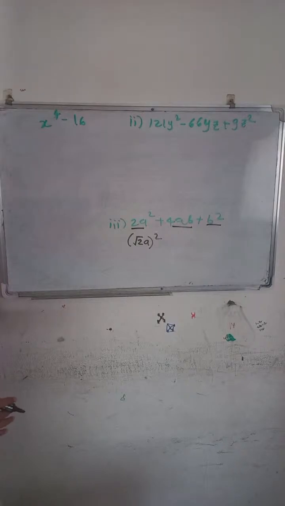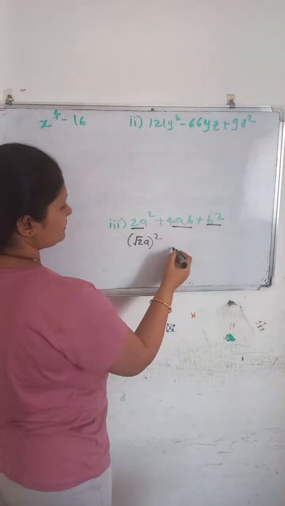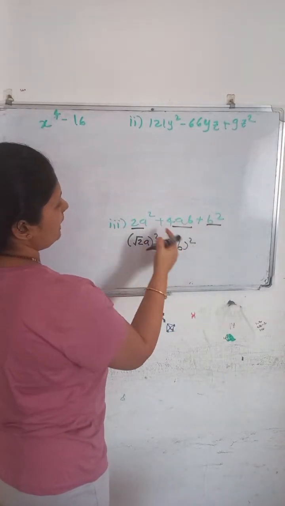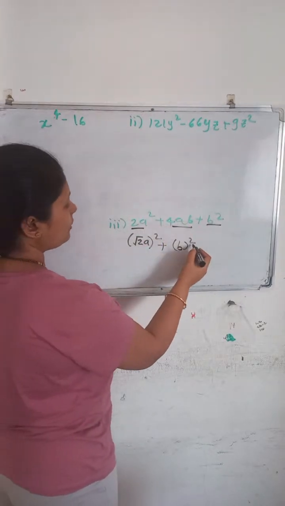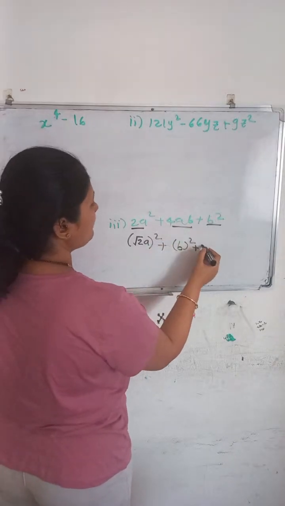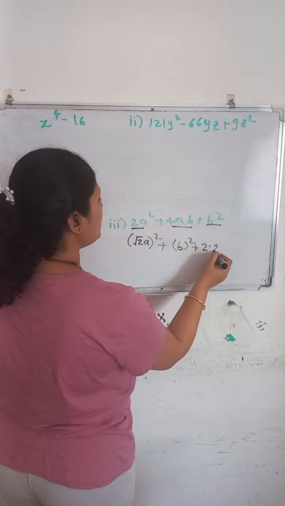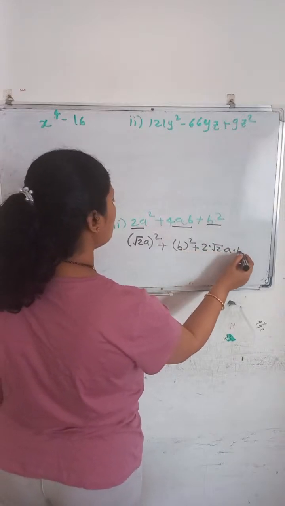So this is not a correct way. Root 2 square is 2. So you can write root 2 into a whole bracket square plus the last term b square. And the middle term comes positive because this is positive. So I will split it as 2 into root 2 into a into b.